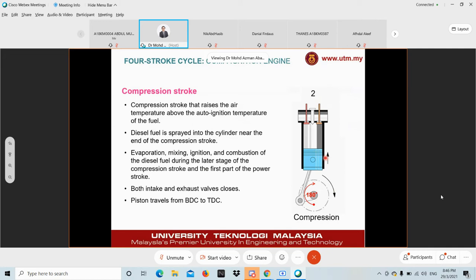Physically, if you open up a diesel vehicle, don't be confused between spark plugs and glow plugs. Glow plugs are usually located on the intake side, whereas spark plugs are usually located in the cylinder head.